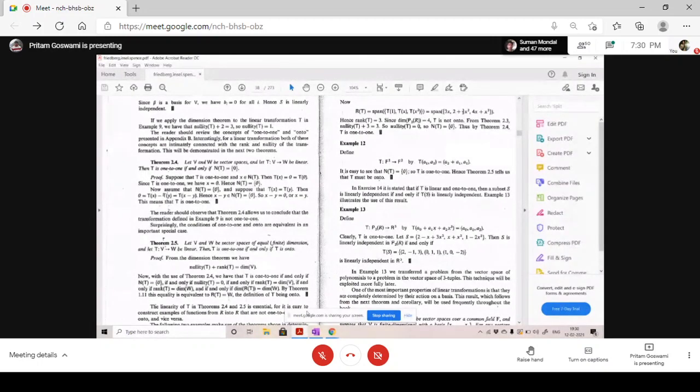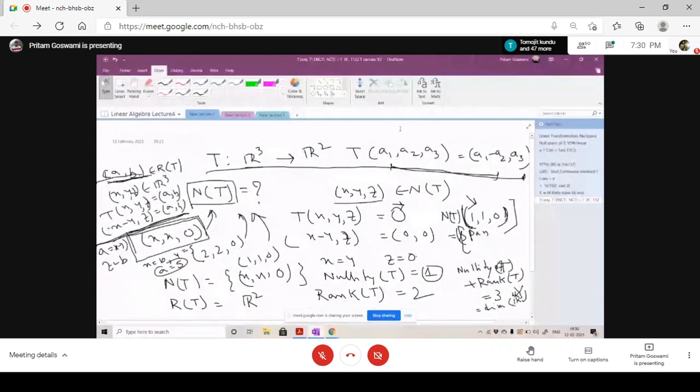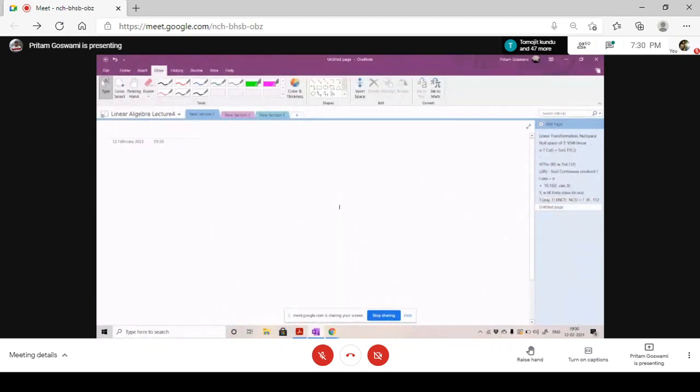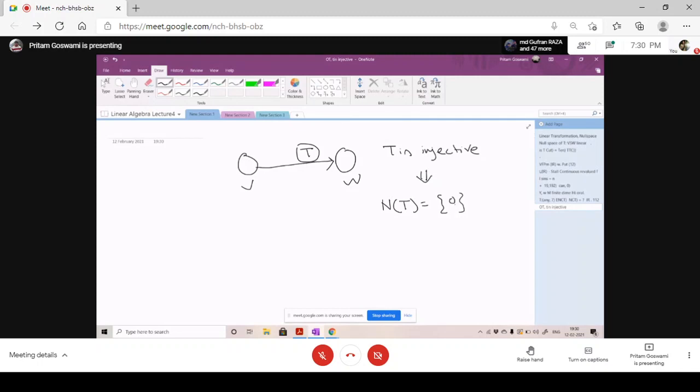So basically, there is a mapping from a vector space V to a vector space W. The mapping is denoted by T, which is a linear transformation. I say that T is injective. Then null space of T is the zero vector. That is, only the zero vector's image will be the zero vector. No other vector will give you the zero vector through the mapping.